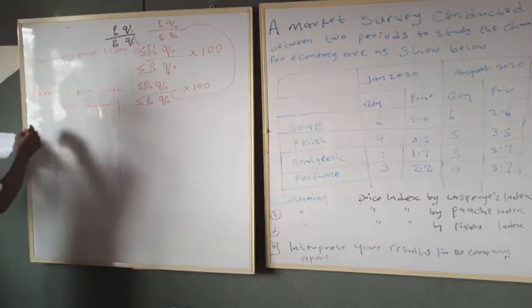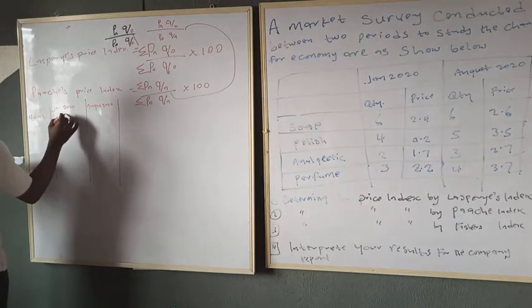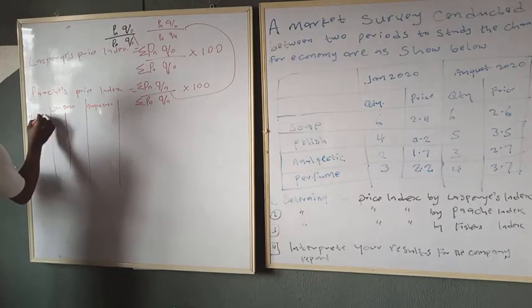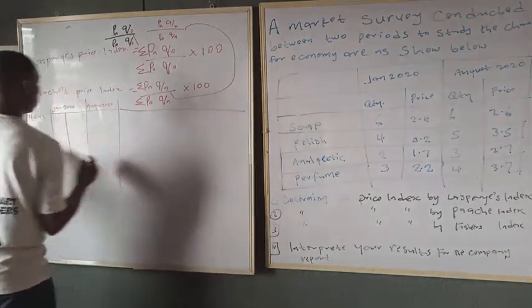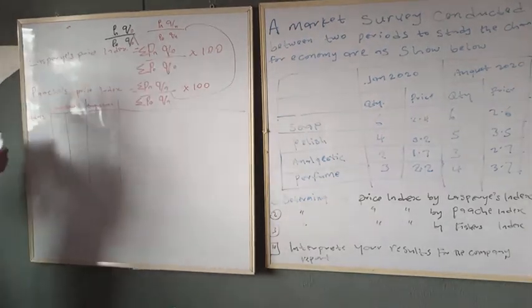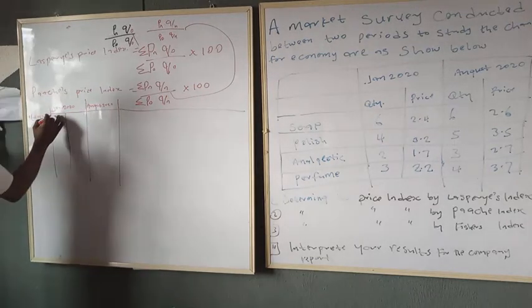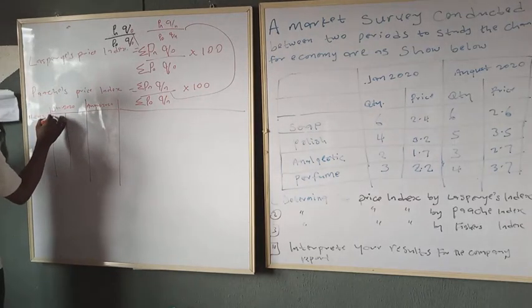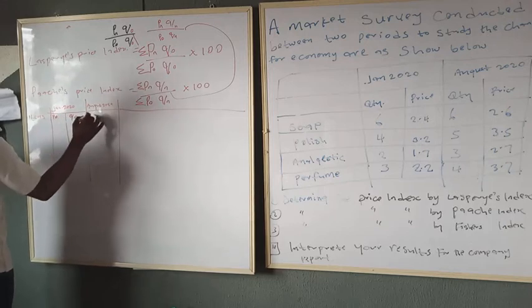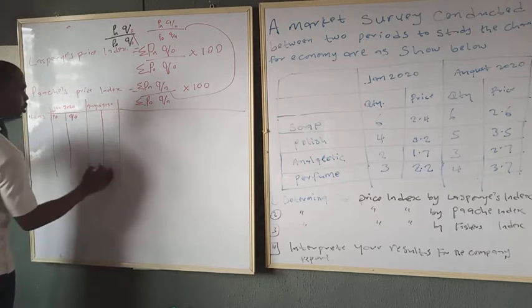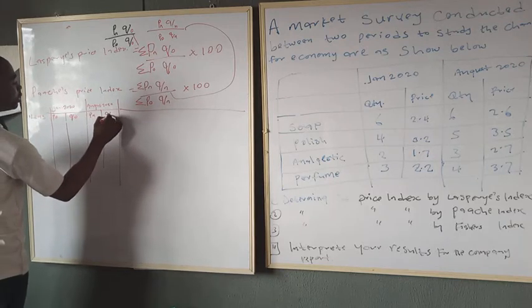So under that we have, under January 2020 we have P0, and we have Q0. Then we have PN, and we have QN.